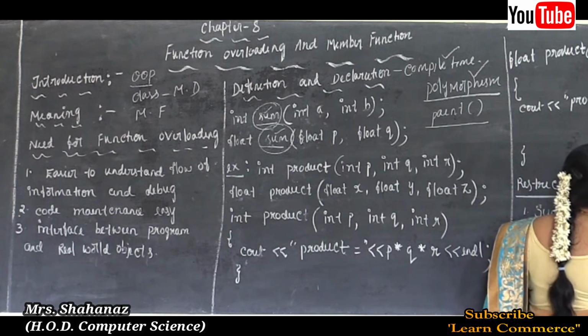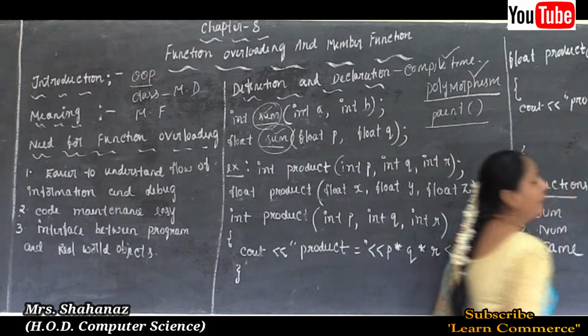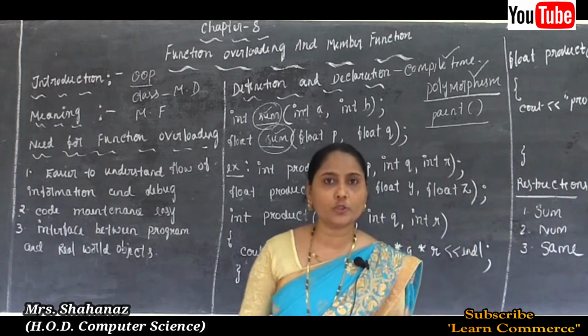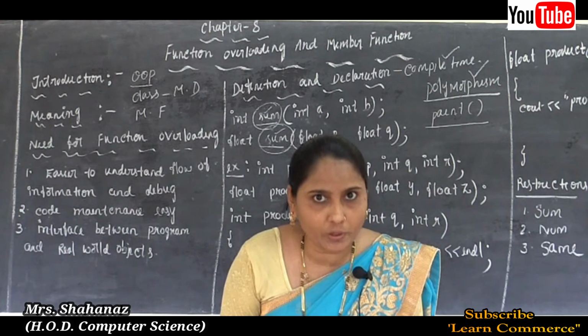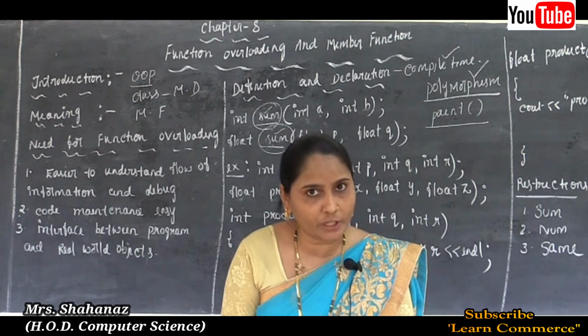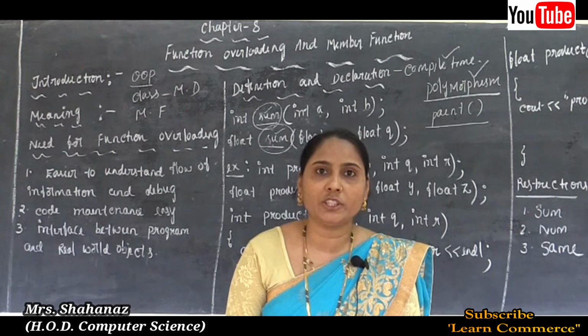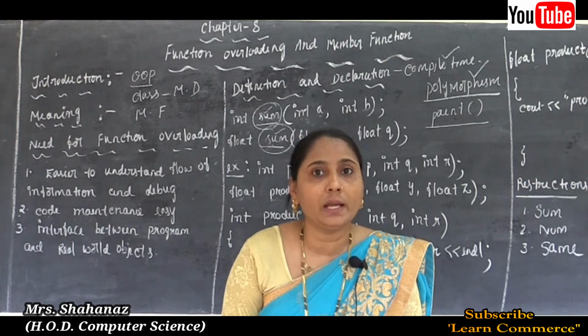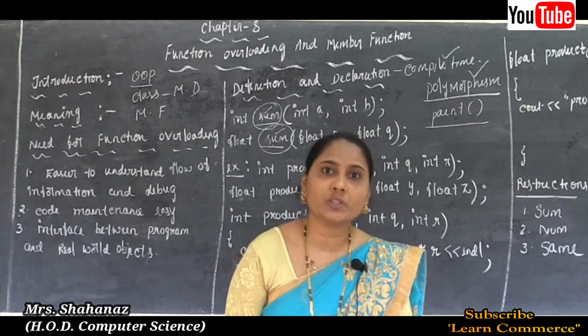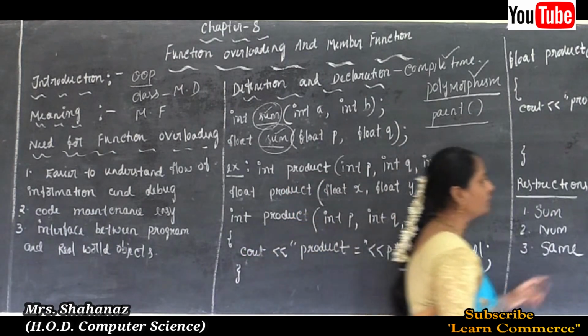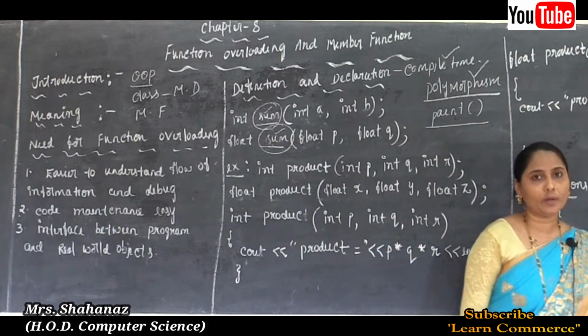Clear this point here? That means maybe 10 functions are there. If you are going to create a function overloading program, then each function should use a different argument list. Clear this one? So this is the disadvantage of function overloading.